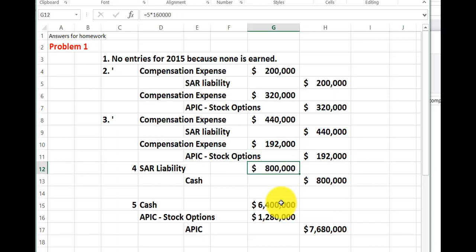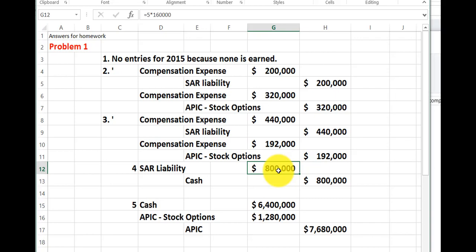At that point, if the plan ends, the actual amount is finally determined. Remember, all of these are estimates because we don't know what the value of the stock will be at the end. But we do, by question number 4, we know that the price ended up at $25 or $5 over the reference point, and so that's $5 per person that has a stock appreciation right.